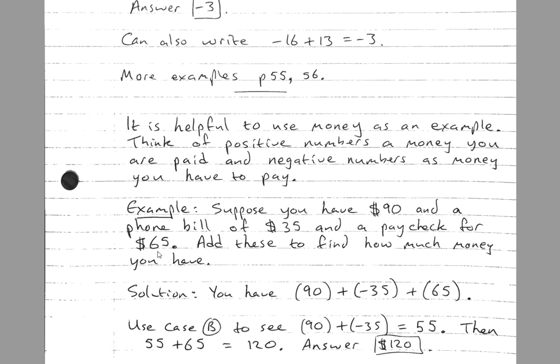The 65, that's a paycheck, so that's also positive. But the phone bill, that's going to count negative. So the addition is the positive 90, adding negative 35 for the bill, plus 65 for the paycheck.